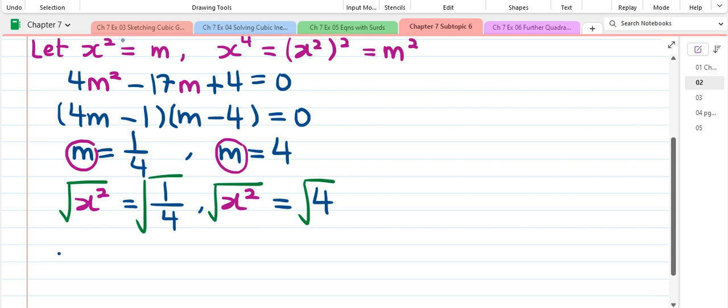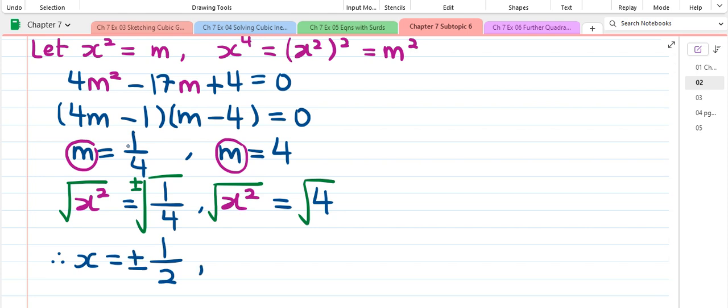Therefore, for the first one, your first x solution is half. But because the square root has a plus or minus, you actually have two solutions, positive half and negative half. And as for the second one, x equals both positive and negative 2.